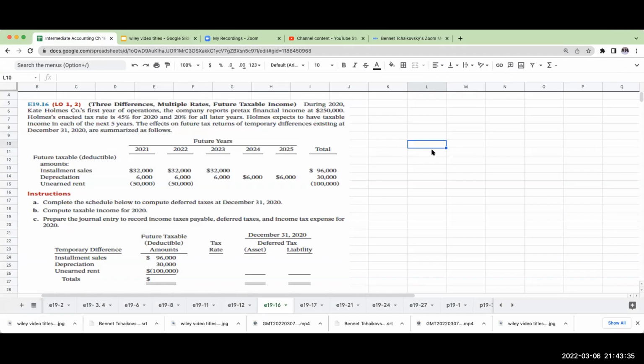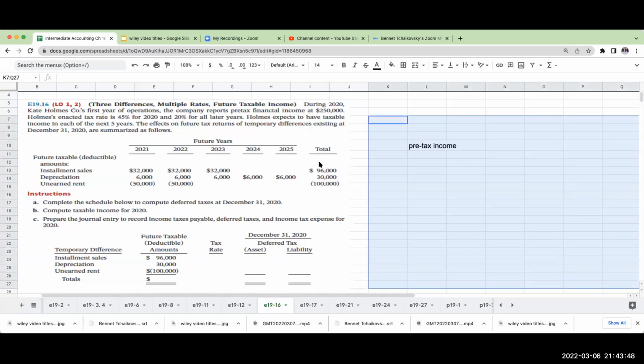compute taxable income. So my pre-tax income is $250,000.